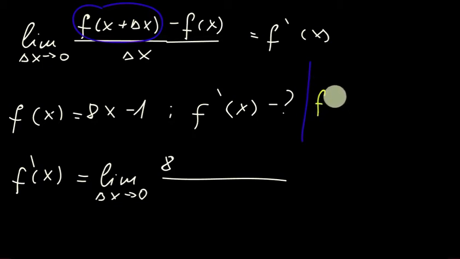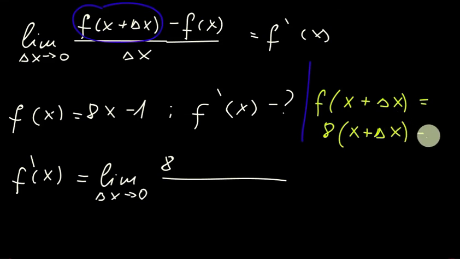So f of x plus delta x is equal to, for this function, 8 times x plus delta x minus 1, because instead of x I need to put x plus delta x in this function.